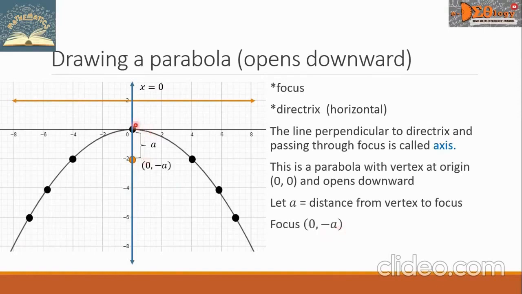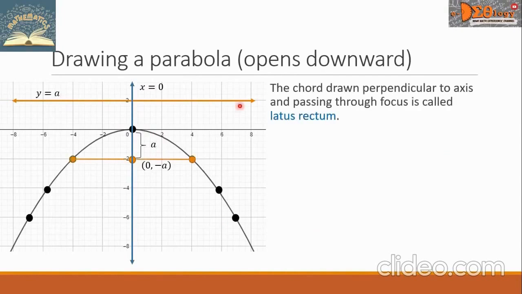The distance from this vertex to the line is also a. So the equation of the directrix is y equals a. There is a chord drawn perpendicular to axis and passing through focus that is called latus rectum. This is the latus rectum.